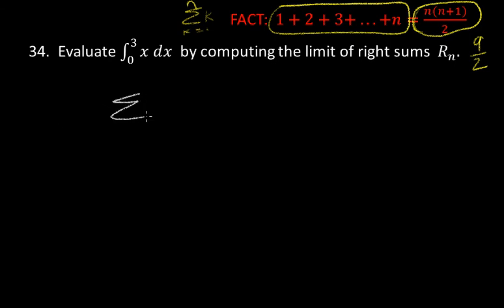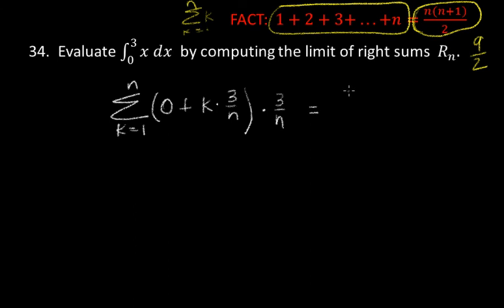So let's first of all set up the right Riemann sum. We're going to sum from k equals 1 to n, right Riemann sum. The function is just x, and a is 0. 0 plus k jumps of delta x, which is 3 minus 0 over n, 3 over n, times 3 over n.